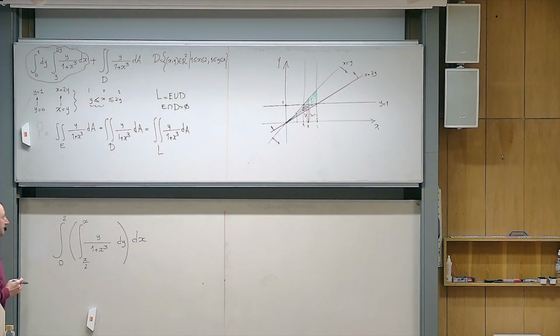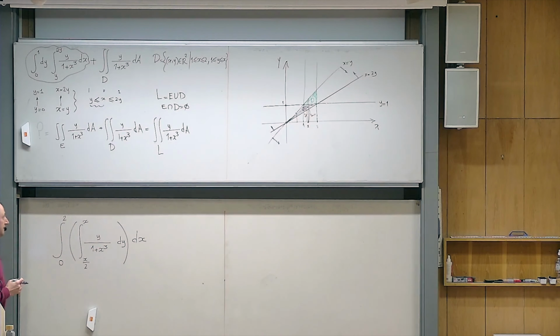So integral from x over 2 to x, but y is your variable, 1 plus x to the power of 3, as far as this integral is concerned, is just a constant. So if you allow me, let me pull it out immediately. It's 1 over 1 plus x to the power of 3 here. And then a very simple integral is left, y dy.